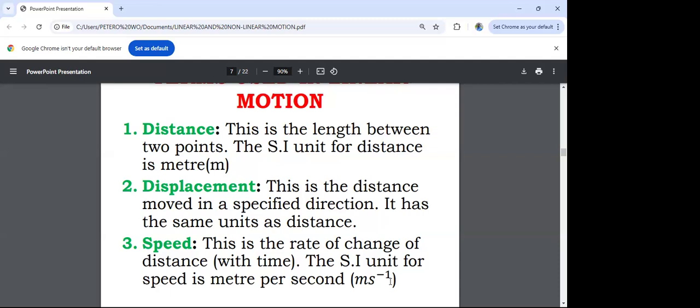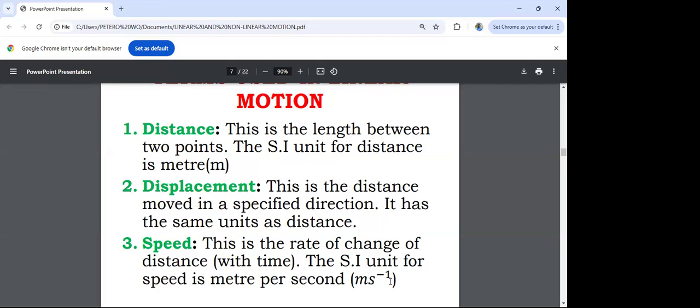But if someone says that I've moved 20 kilometers to the west, or from this point going to the other point, or from home to school, then that is a displacement.